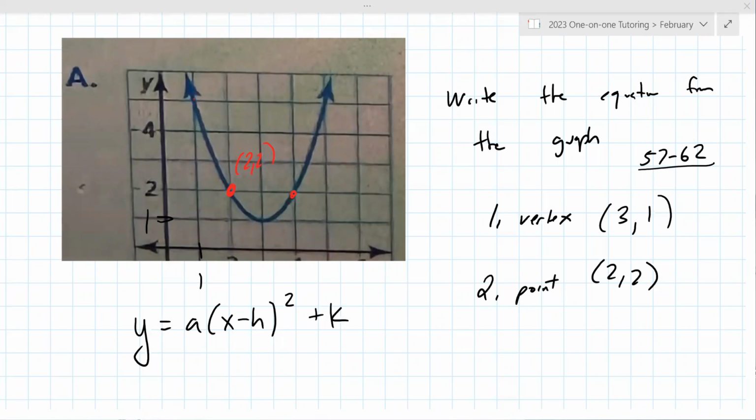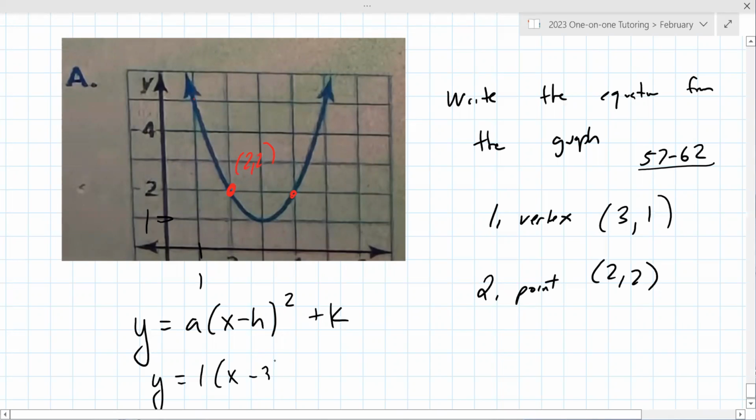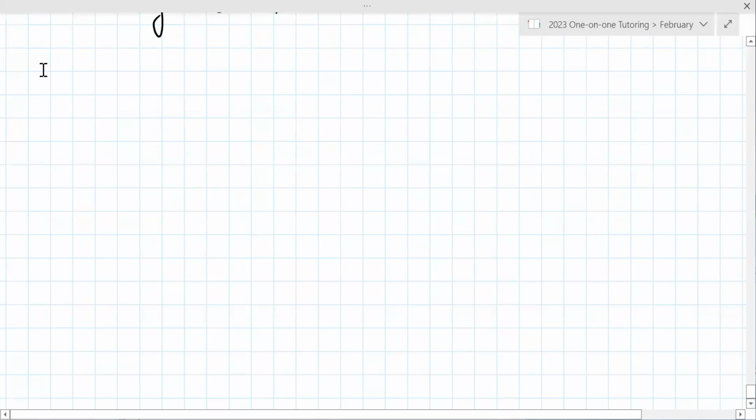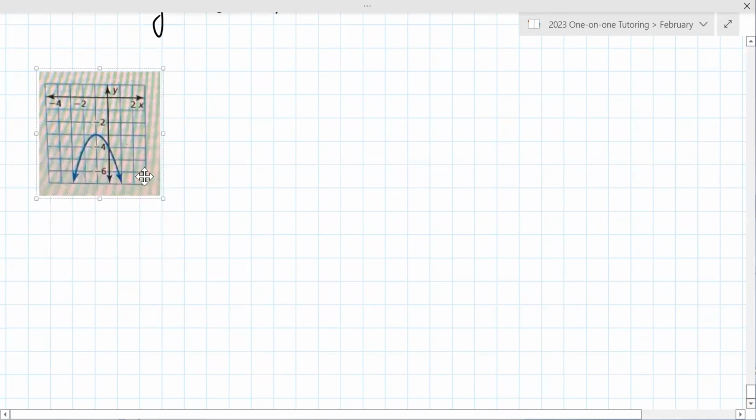So 2 equals a times (-1) squared plus 1. 2 equals a plus 1, so a equals 1. So then y equals 1 times (x minus 3) squared plus 1. Good. Really good. So here's one more to try. That was perfect. Let's probably close out with this.